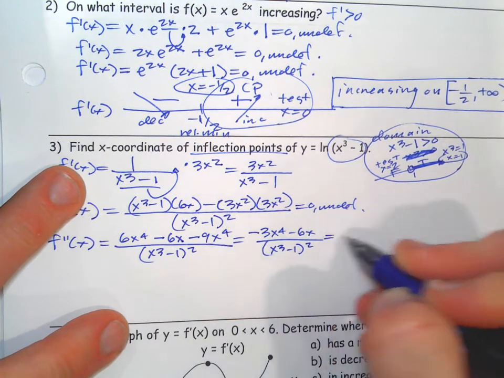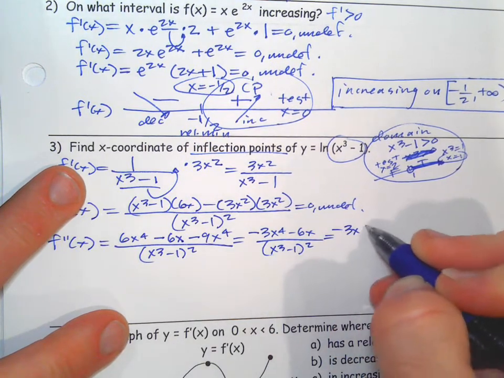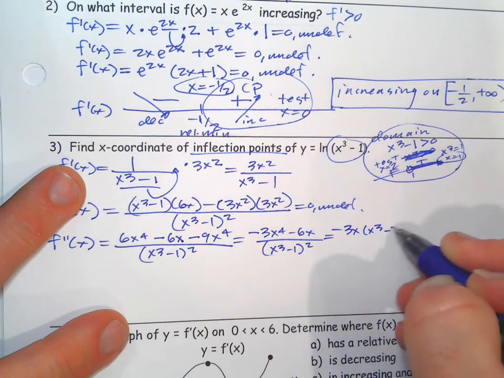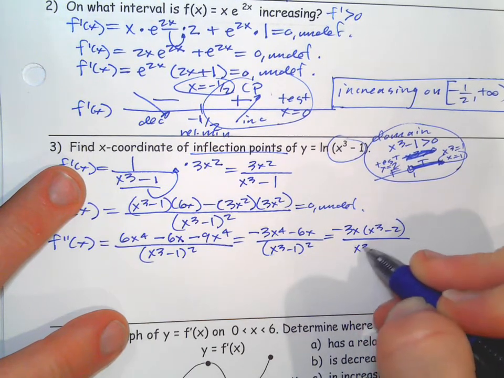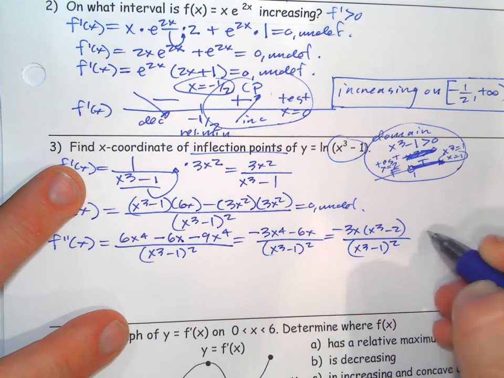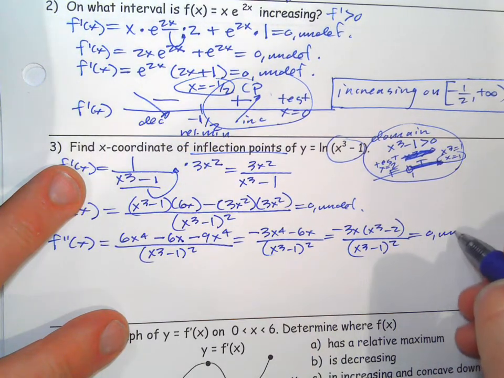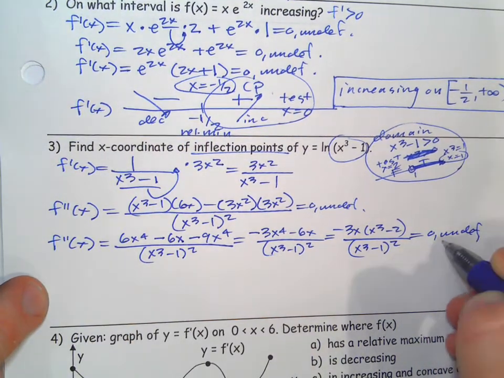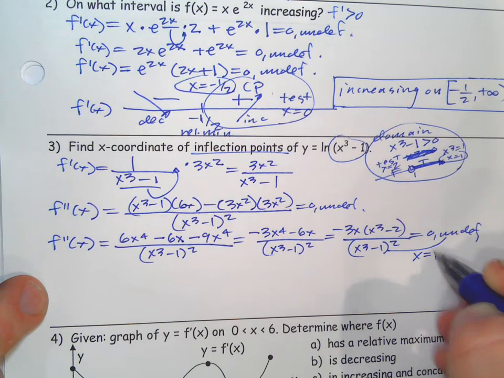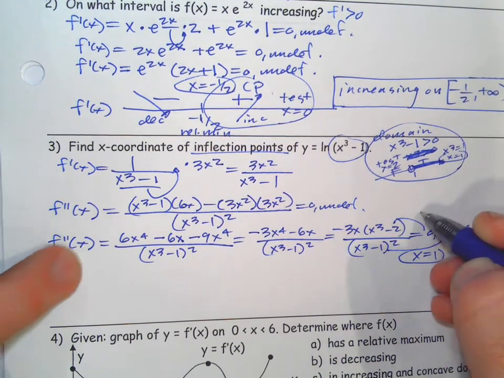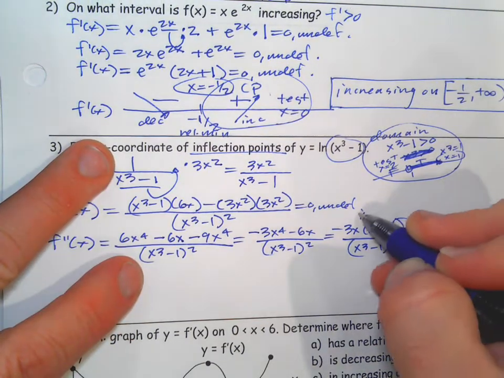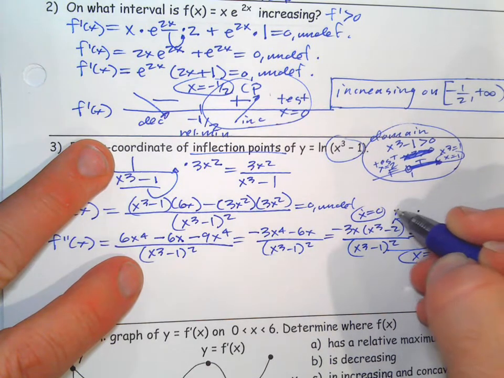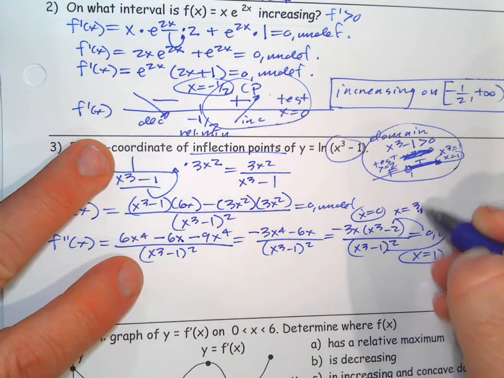And then we could factor the top, take a negative 3x out. This would be x cubed minus 2 equals 0, undefined. Now the undefined comes from the bottom, which gives you an answer, 1. The 0 comes from the top, which gives you two answers, x equals 0 and x equals the cube root of 2.